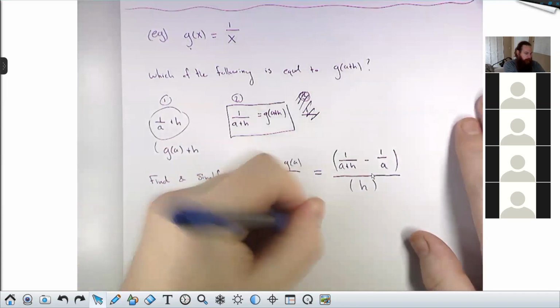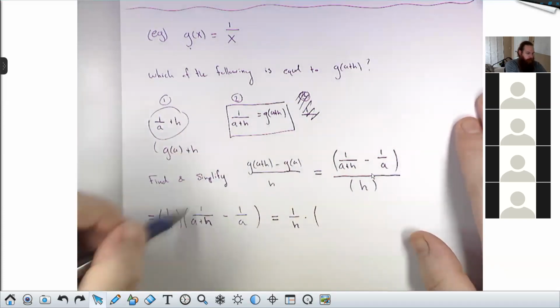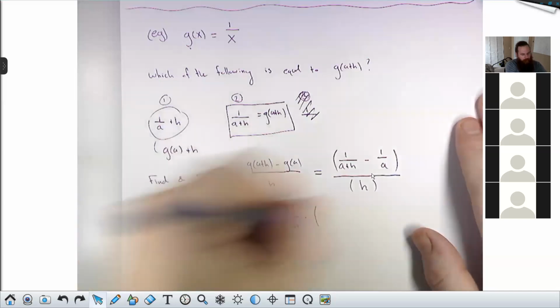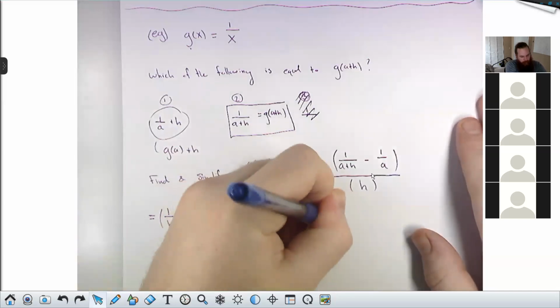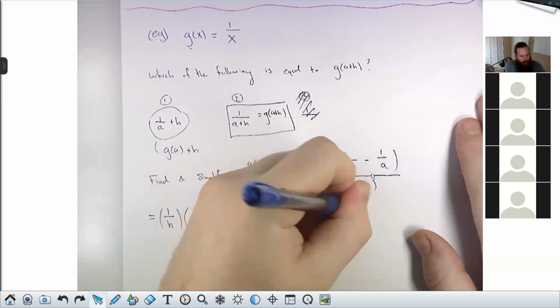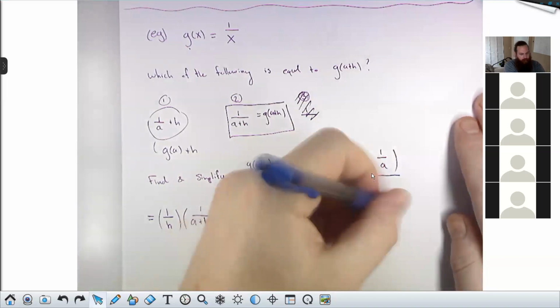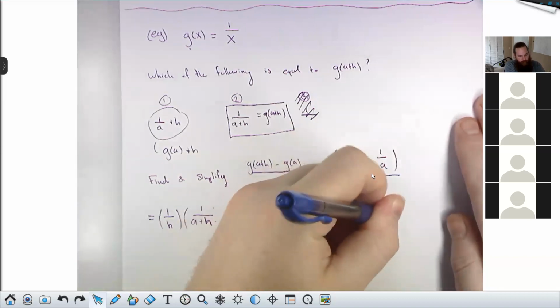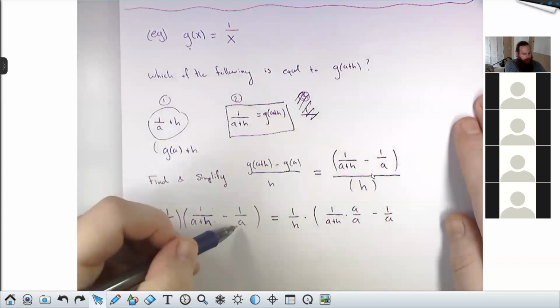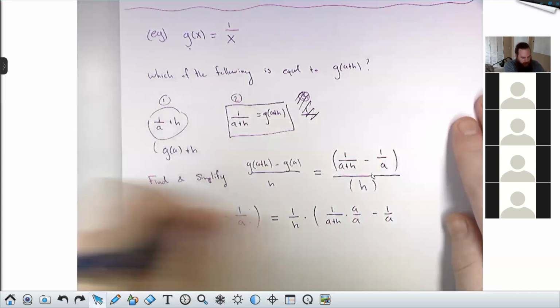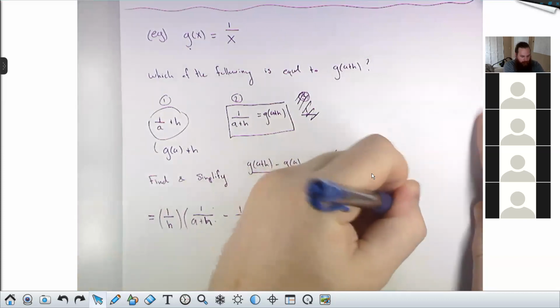And then I'll have here, if I want to write this piece with the denominator a plus h times a, it'll need to be multiplied by a over a. So I'll write this as 1 over a plus h times a over a. And this piece is missing the a plus h factor. So I'll have minus 1 over a, that's that guy as he was, but he needs to be multiplied by a plus h over a plus h. And we should do that in parentheses.